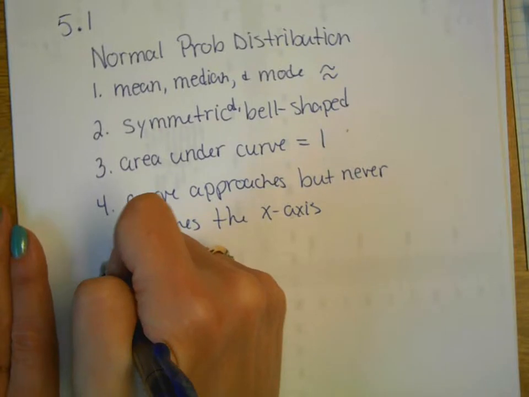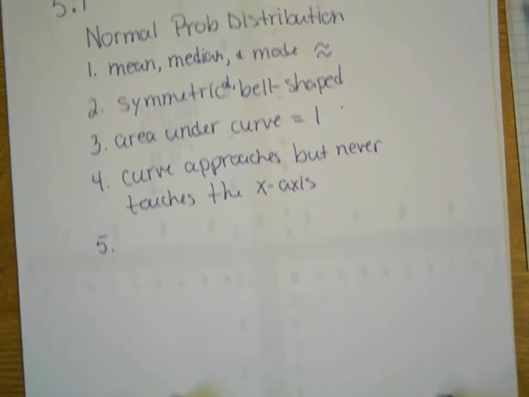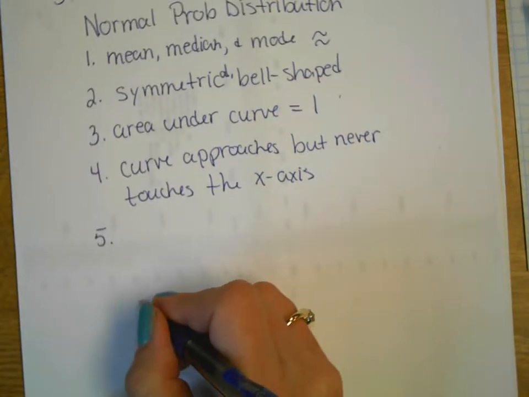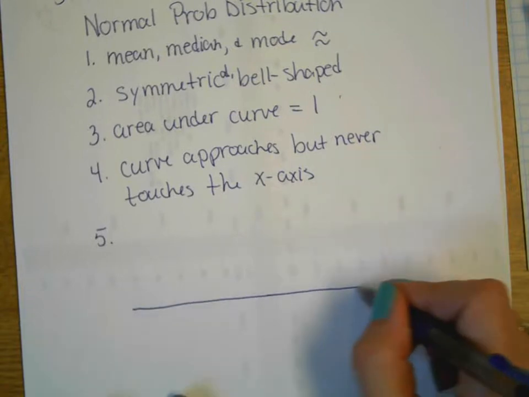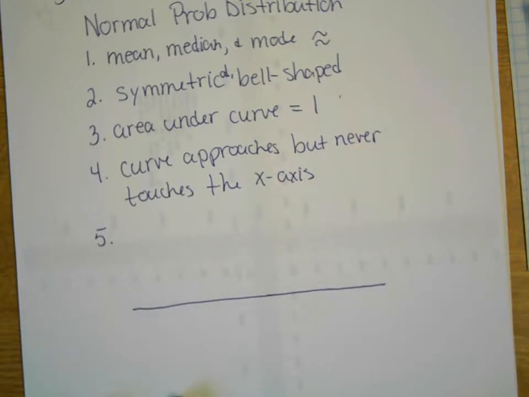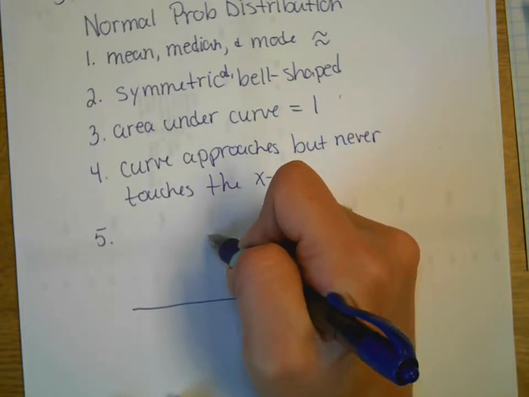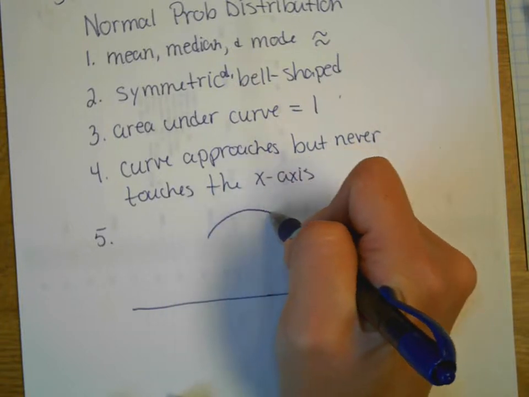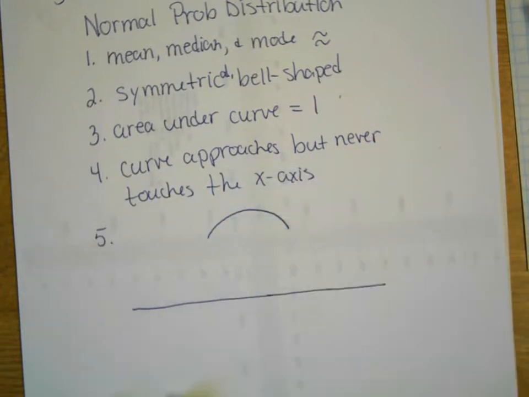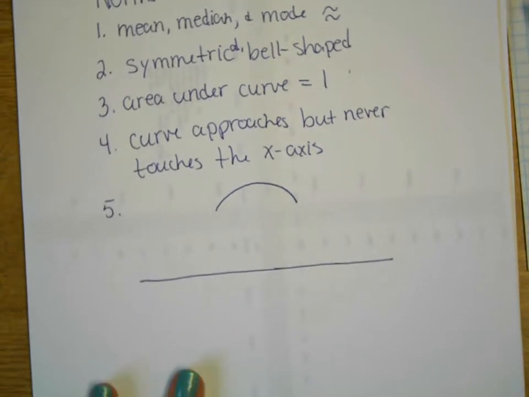So what does it look like? It looks like this. Here's our x-axis. Okay, at the top of the curve, looks like this. There's the top of the curve. Then what happens, that has concave, it has that direction there, it's called concave down.